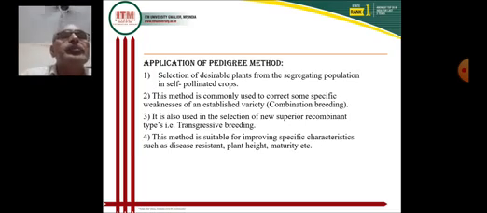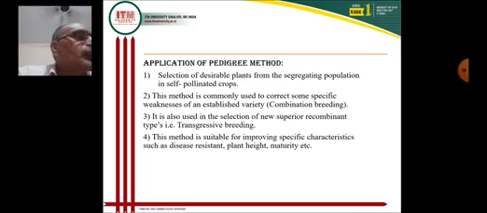Application of pedigree method. Selection of desirable plants from the segregating population in self-pollinated crops. So this method is applied in self-pollinated crops. This method is commonly used to correct some specific weakness of an established variety.